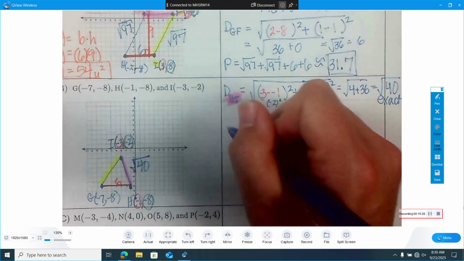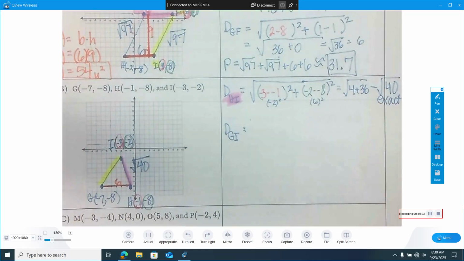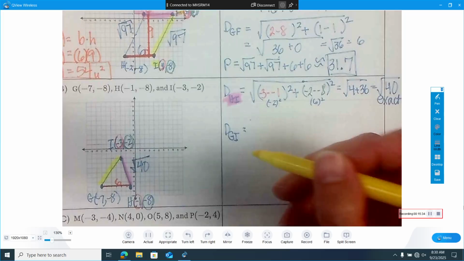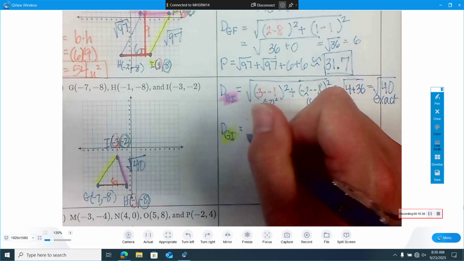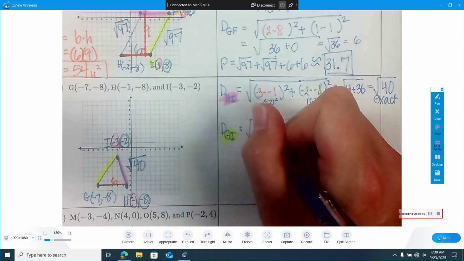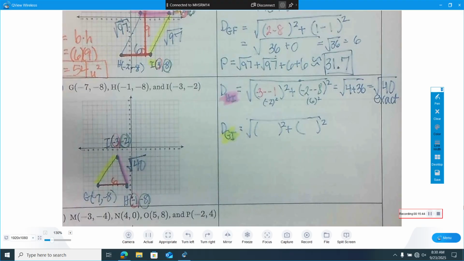All right, so same thing, I want to find the distance between G and I. And that's my yellow line there. All right, so once again, Clayton, set up your square root. Bubble squared plus bubble squared.